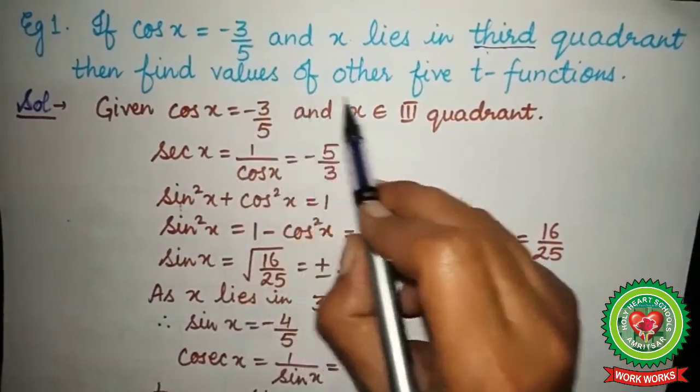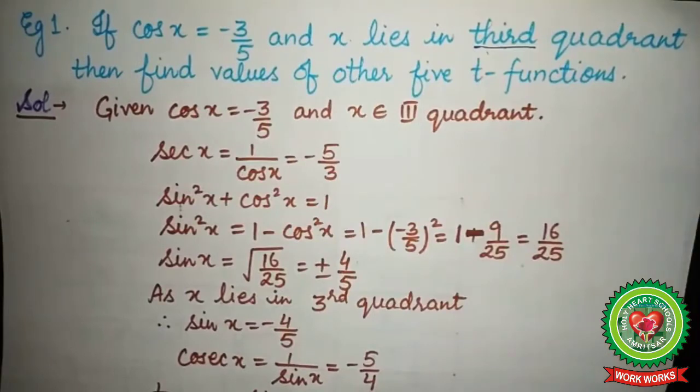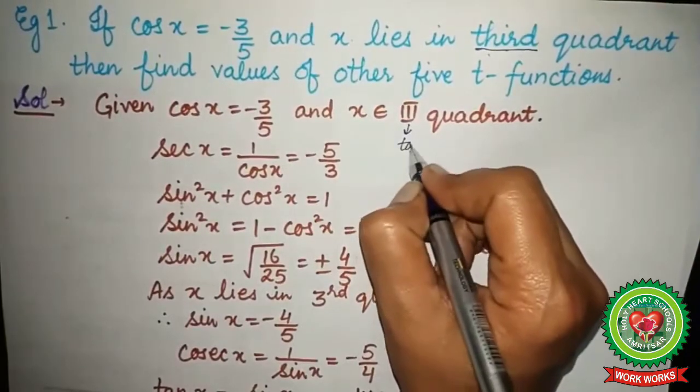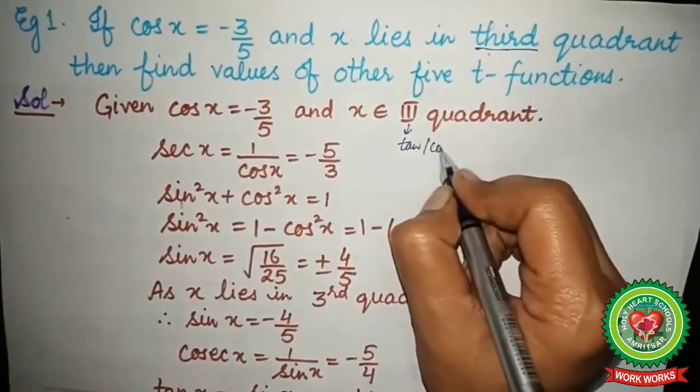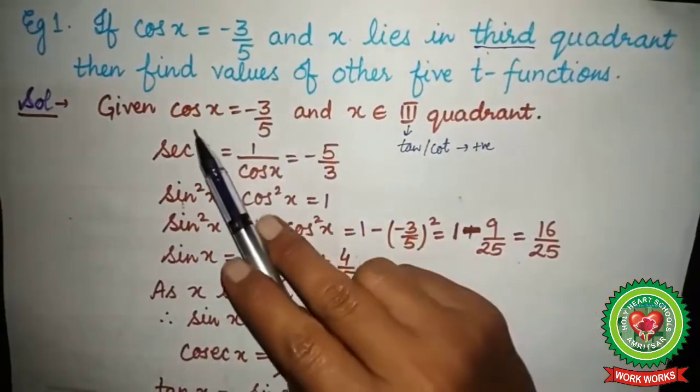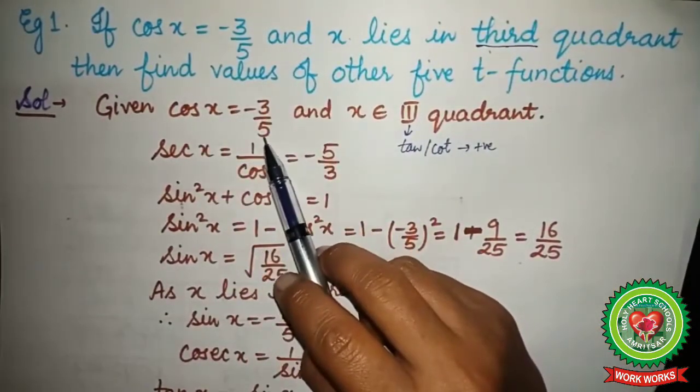So find the values of the other t functions. It means we have to find the values of all the other t functions when x lies in the third quadrant. Now for the third quadrant we have to remember only tan and cot will be positive. All others are negative. So cos x is minus 3 by 5.